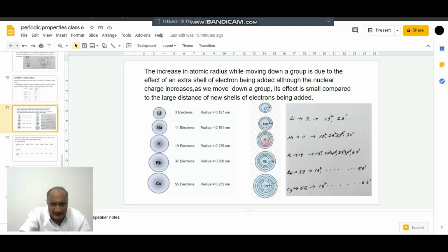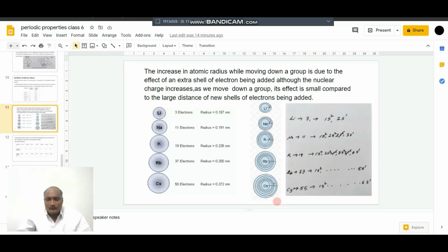So, from the table, we come to know that as we move from lithium to sodium, sodium to potassium, potassium to rubidium, rubidium to cesium, there is an addition of an extra shell of electrons taking place. As the extra shell of electrons is added as we move down the group, even though there is an increase in the nuclear charge, its effect is small as compared to the large distance of the new shell of electrons being added.